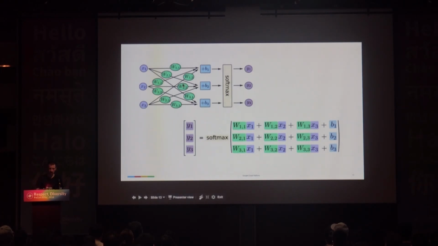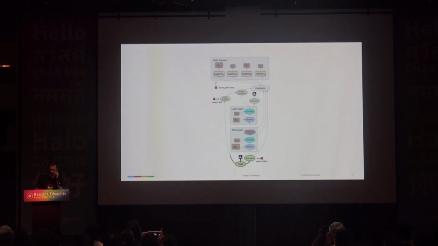After you've done these operations, you'll get an output layer that tells you the percentage of which categories it fits in. So that's how you actually can do prediction with a neural network.